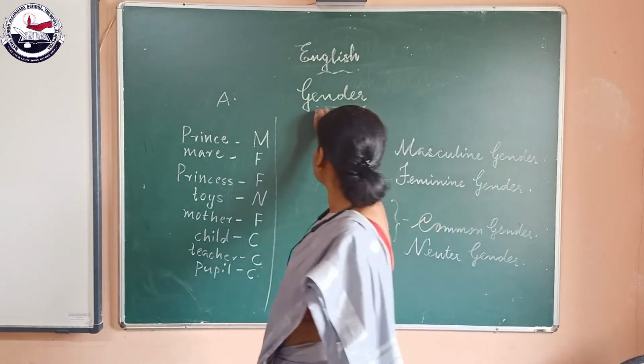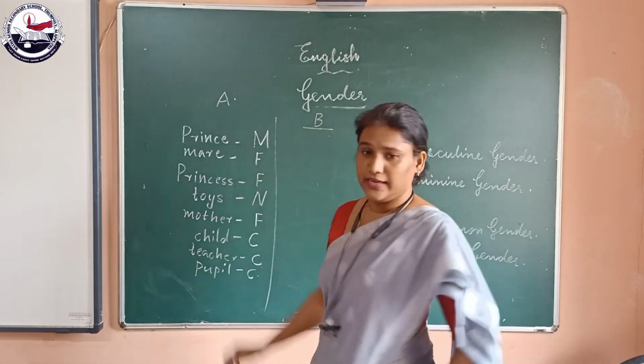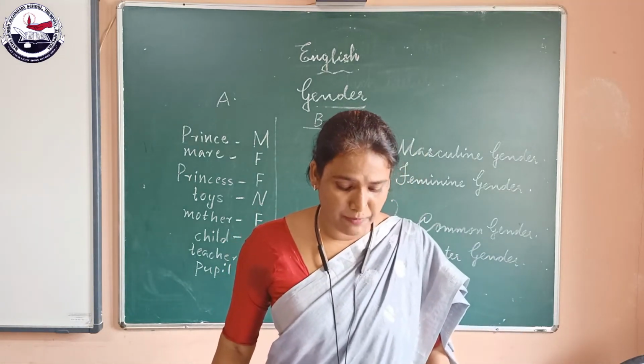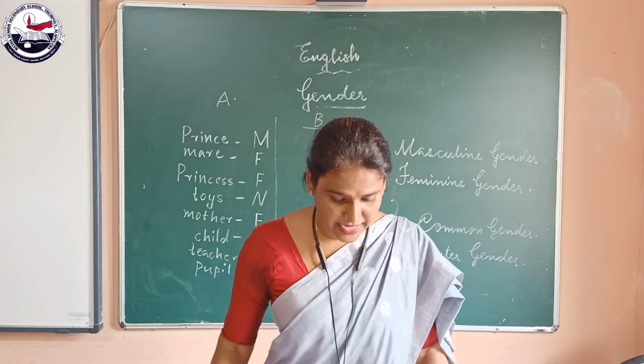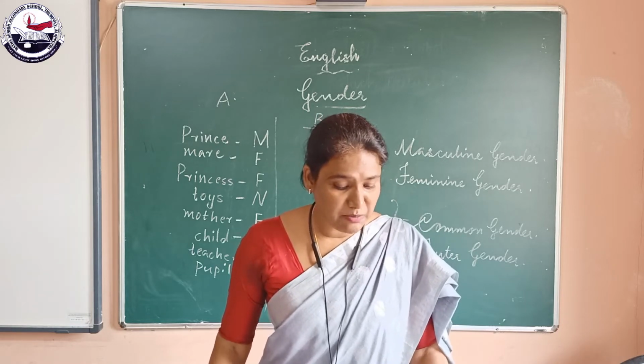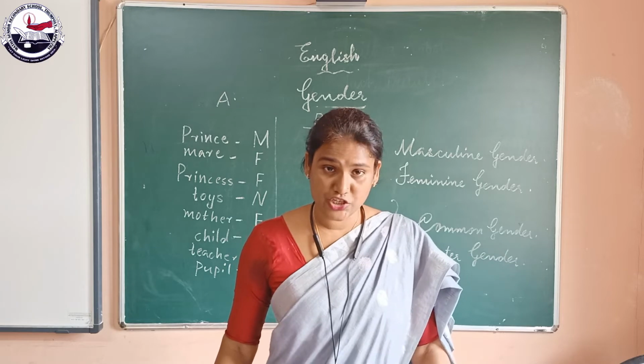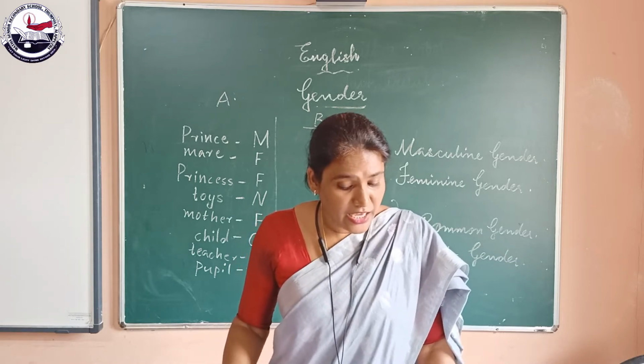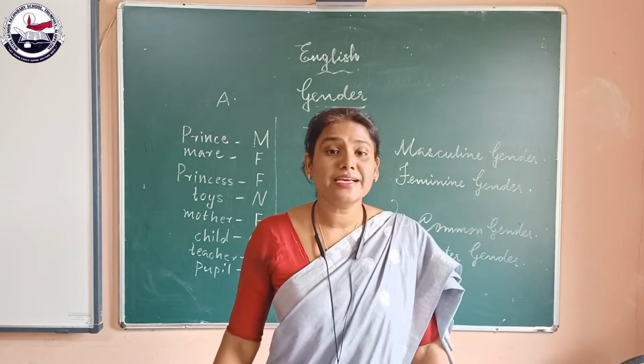And next, Exercise B. Choose the correct word from the bracket and underline it. This is my nephew or niece. Look at the next sentence: he or she is called Sita.